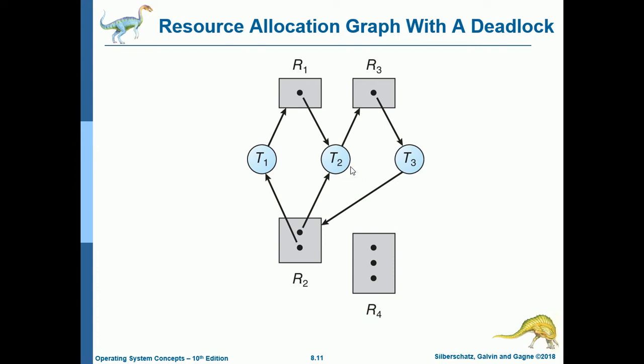And then no preemption: there is no release again of resources unless the threads or processes have finished their execution. And circular wait: T sub 1 needs a resource that is held by T sub 2, and then T sub 2 needs a resource that is held by T sub 3, then T sub 3 needs a resource that is held by T sub 1. So it's already a circular wait. So this definitely has a deadlock.